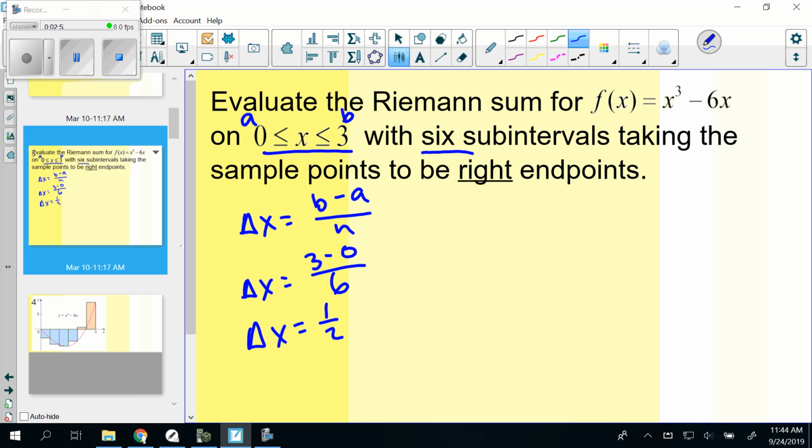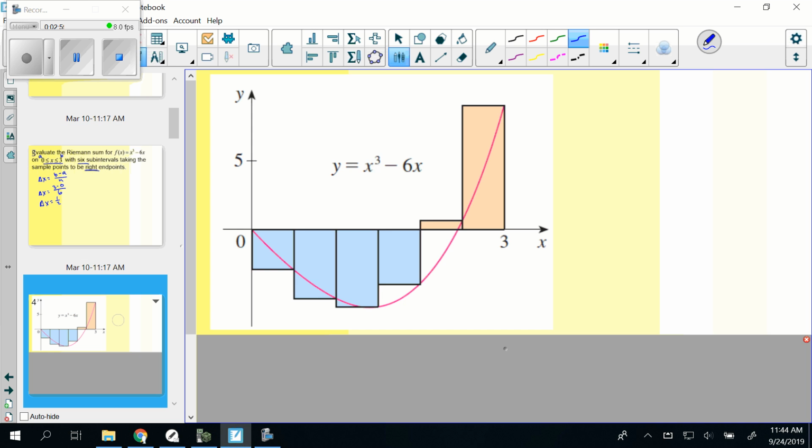Our heights of all these are going to be what the height is at these right endpoints. Here's a picture of what this looks like graphed out. So if you graph out x cubed minus 6x, you get this graph. All these rectangles now are going to be 1/2, 1/2, 1/2, and so on wide. Okay, and adding up half, 6 times gives us 3. So that works out.